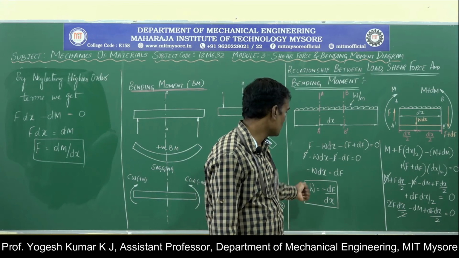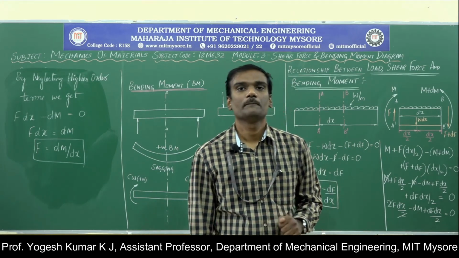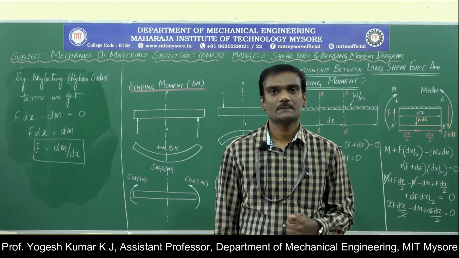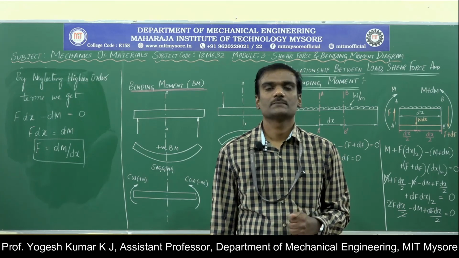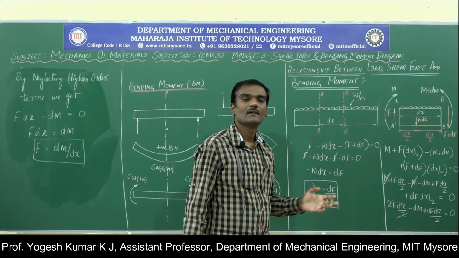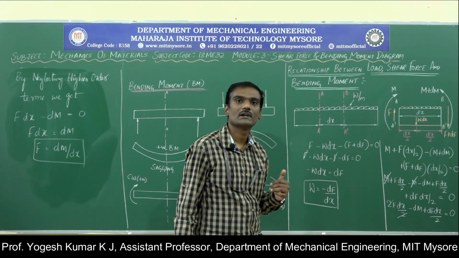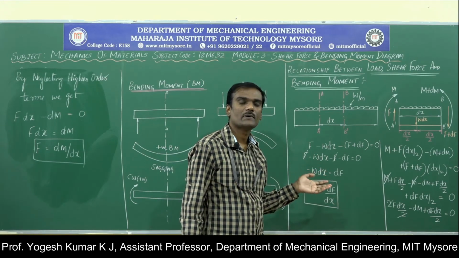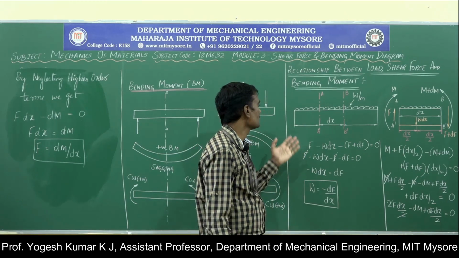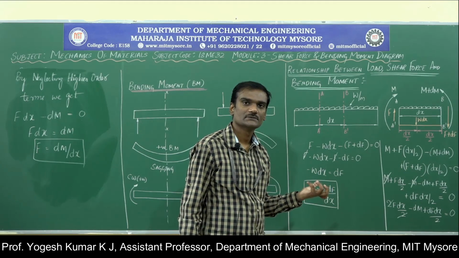We have established a relation for load and the shear force. This derivation is very important because it will be asked for 6 marks. So what you need to do is write the diagram neatly and explain it. We have considered a beam subjected to a uniformly distributed load of W per meter length, and we have considered sections AA dash and BB dash for an elemental length of dx.